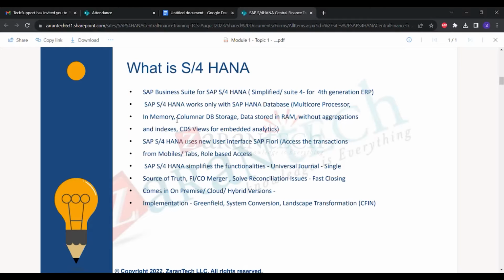And coming to the memory side, what happened earlier was that memory requirements were huge and data storage took a lot of time. In SAP ECC, all the accounting information was stored in the BSEG table.